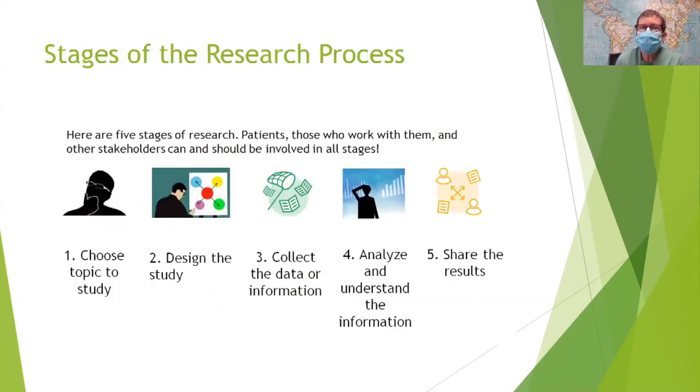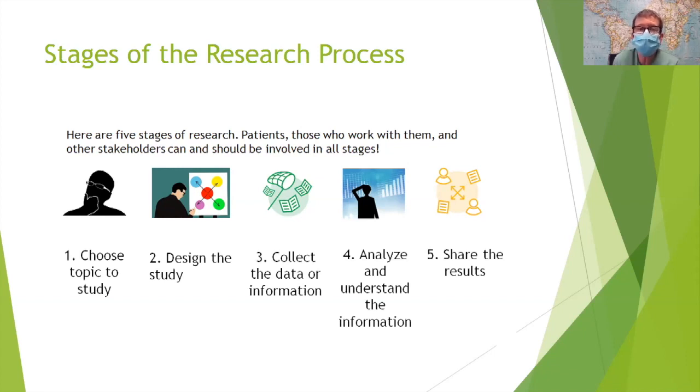So that brings us to the stages of the research process. And on the screen, you'll see that we're suggesting that there are 5 different stages. The first one is to choose the topic to study. So, knowing whether you're going to be looking at pesticides or medication, what is it that needs to be studied.